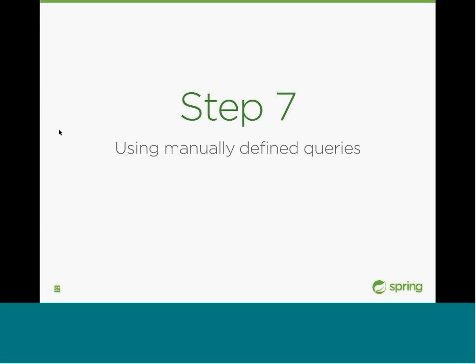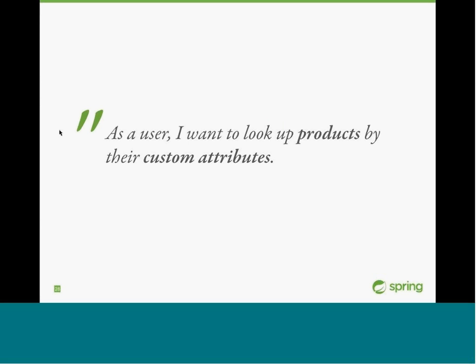So we've seen the query derivation mechanism already, but you might run into situations where using the query derivation mechanism is not suitable anymore. It doesn't really meet your querying needs.